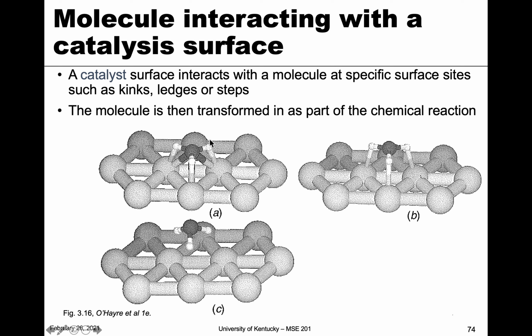This is a certain molecule, and the surface atoms are the ones here. They adsorb onto certain sites like those kinks, ledges, or steps, and then they react with other chemical compounds and create products, and then the surface remains the same.